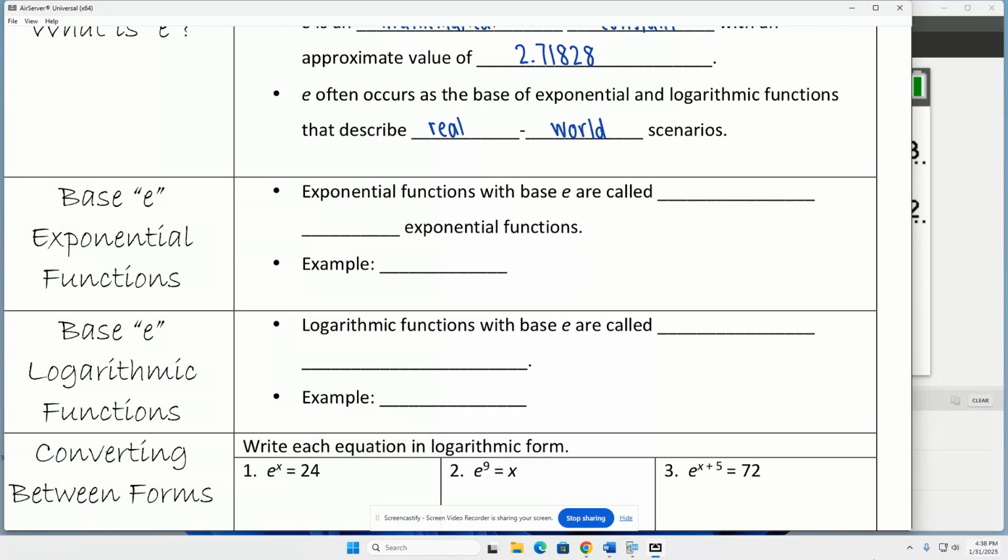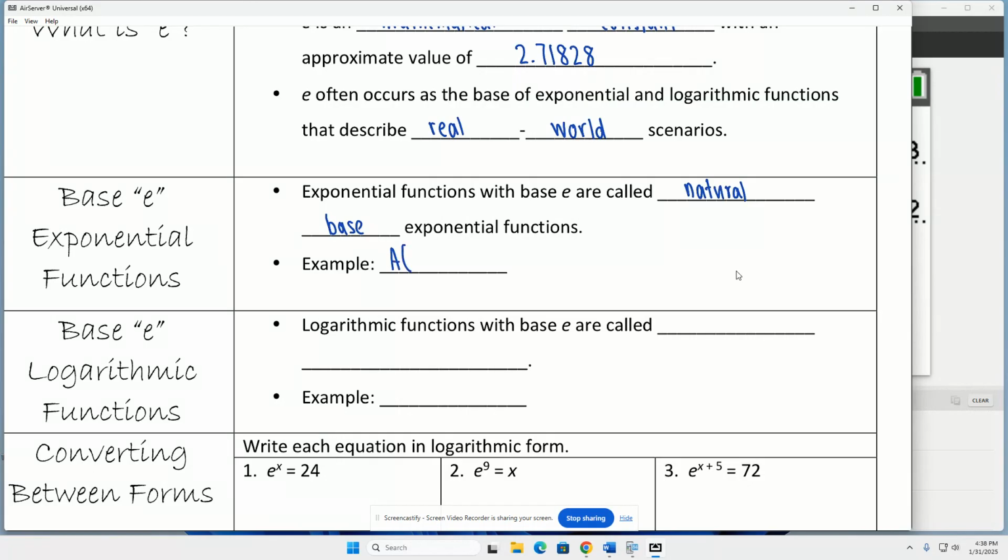Now, when we talk about base e exponential functions, what we mean is an exponential function that is base e. They are called natural base exponential functions. And here's how you know you have one. Here's an example of the one I mentioned a minute ago.